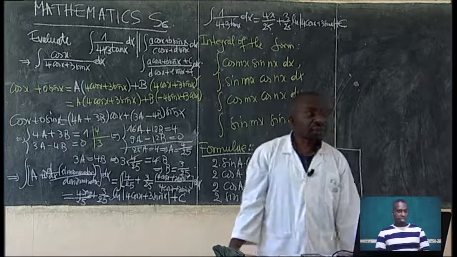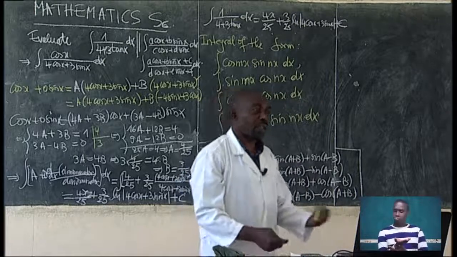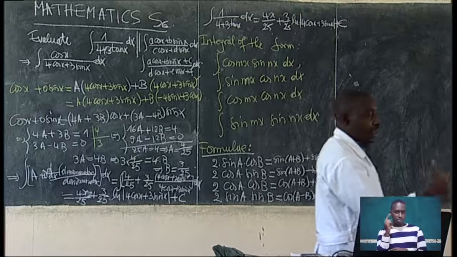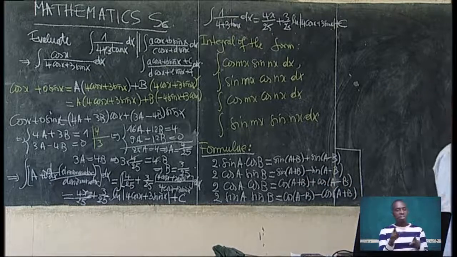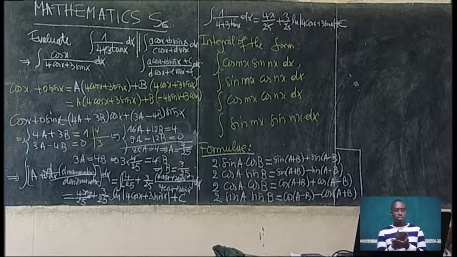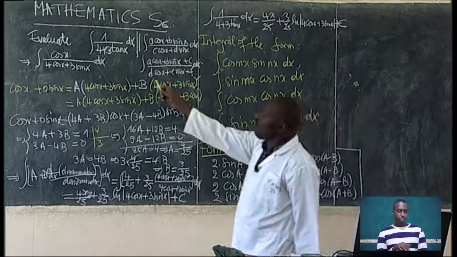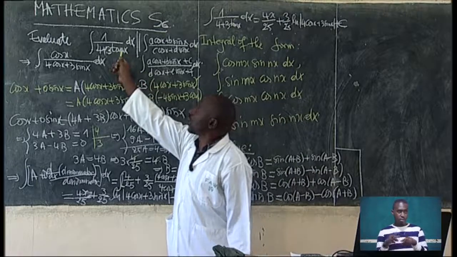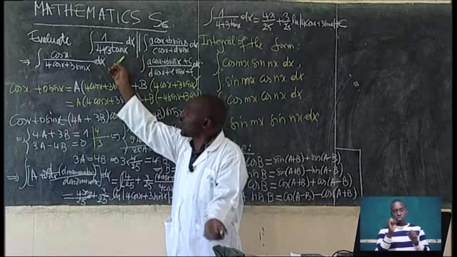Is that difficult? As you have understood the first method, even this one, they are the same, so it is very simple. The same, instead of having a tangent of x here, you can have a cotangent.